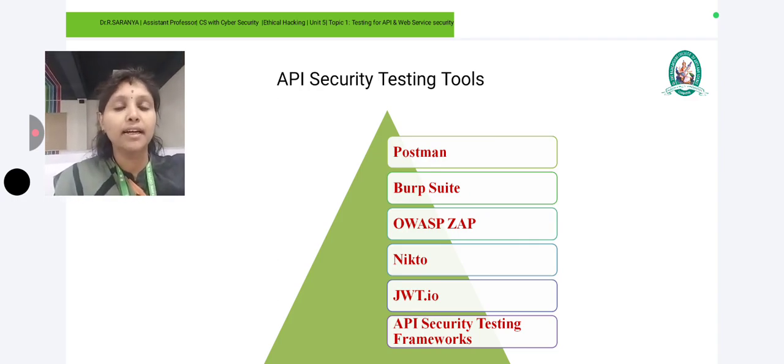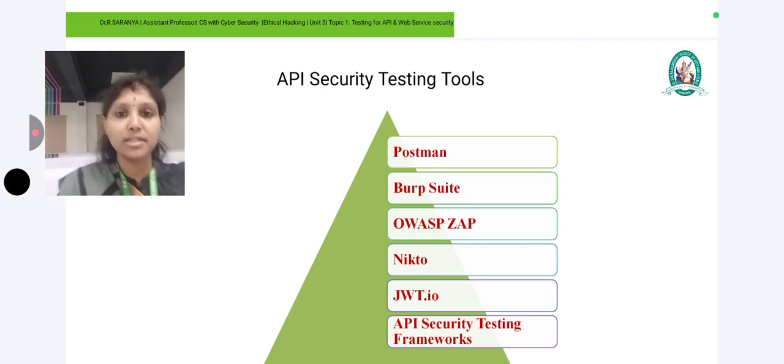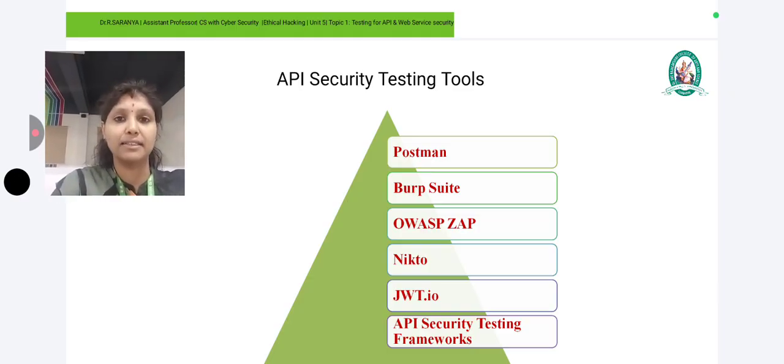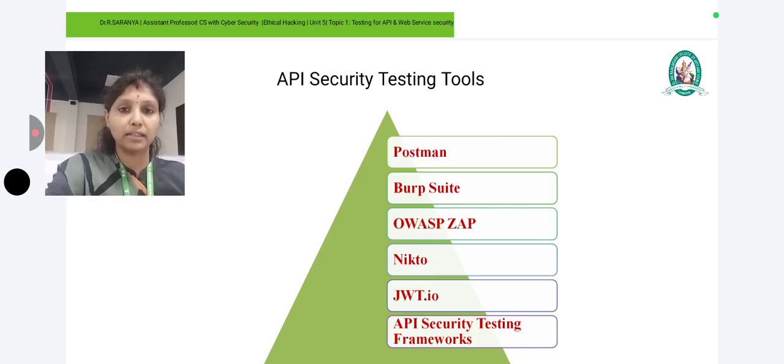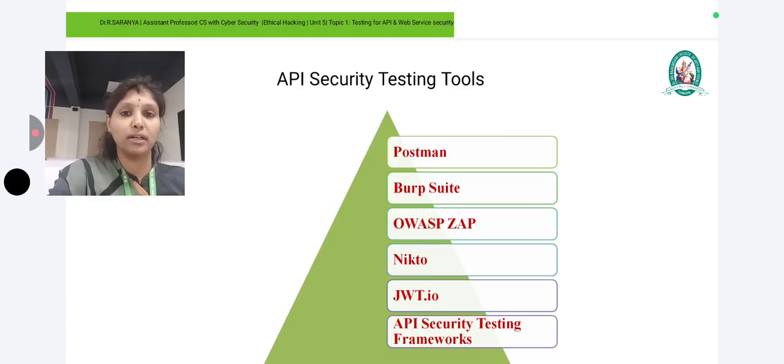And then Nikto. Nikto is a command line scanner tool. This tool is helpful to analyze whether dangerous files are embedded inside the web applications, or whether outdated software is there in a system or not. That we can tackle with the help of Nikto. The Nikto tool plays a vital role in order to analyze the dangerous files.